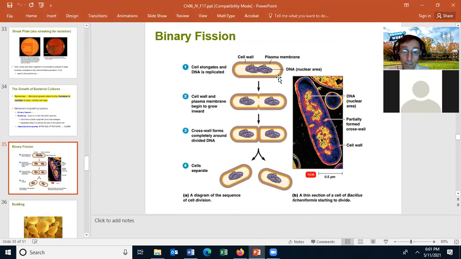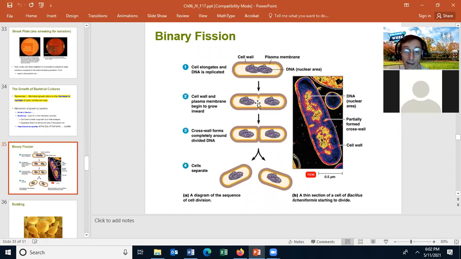The cell does elongate from when it first divided, so it does grow in size. And then the DNA replicates, which is why we have 2 copies here. And then the DNA moves to each side of the cell. And then the cell literally forms a cell wall and a plasma membrane in between the 2 sides of the cell.